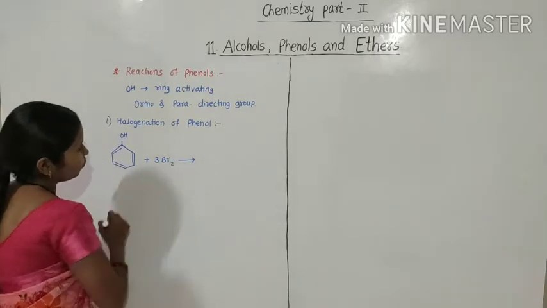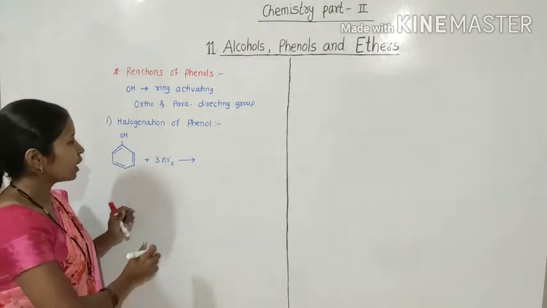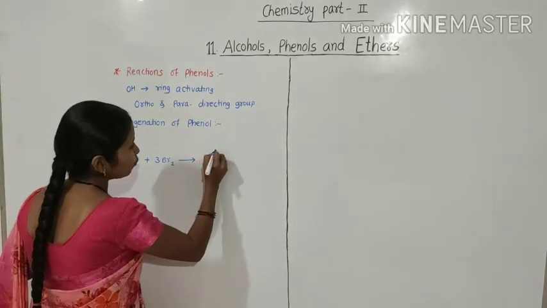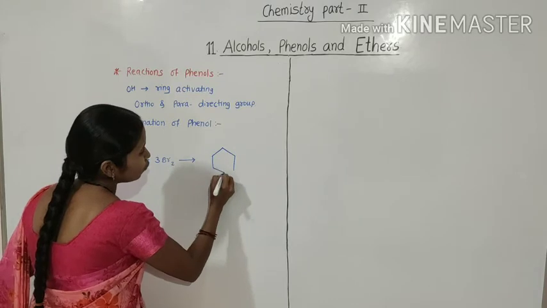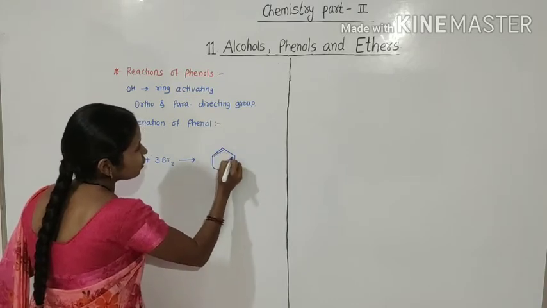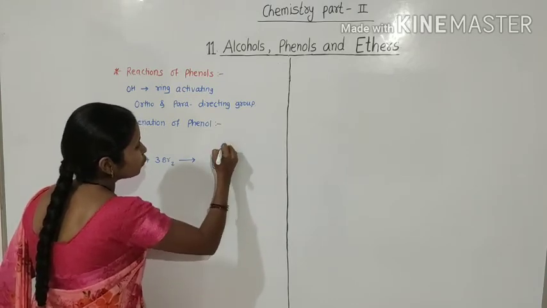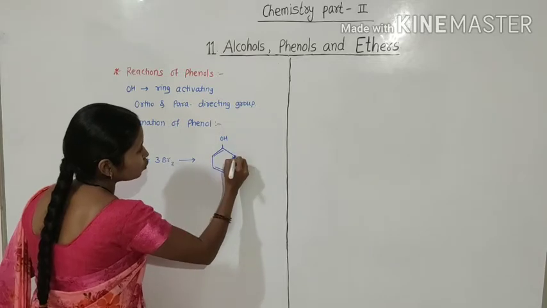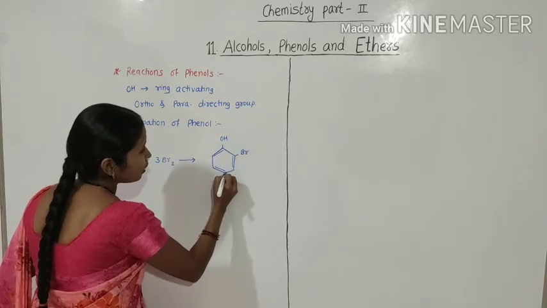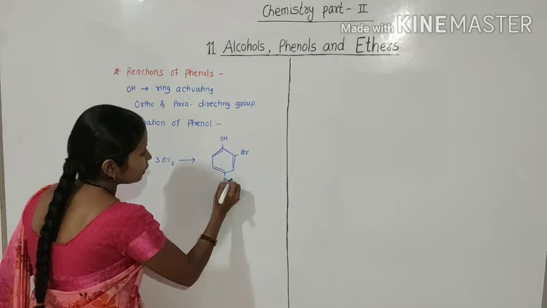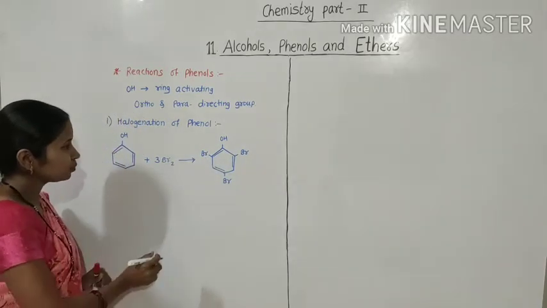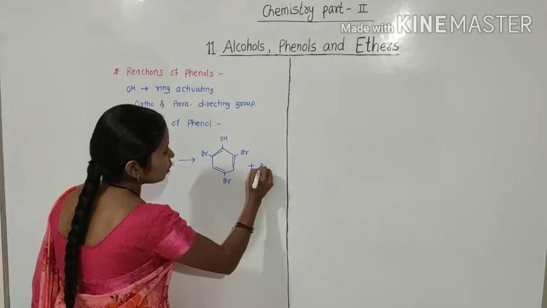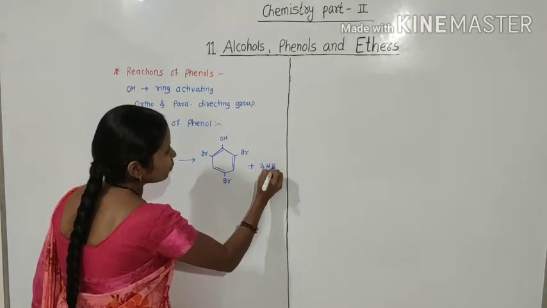Here phenol reacts with aqueous solution of bromine to form 2,4,6-tribromophenol. Here this OH group, Br, and here Br, plus 3HBr.